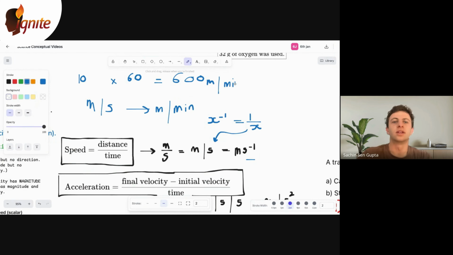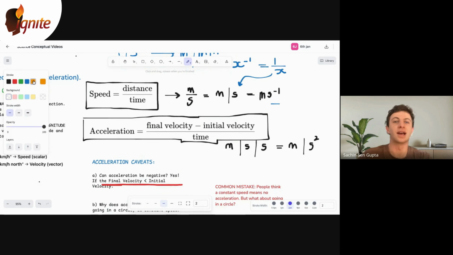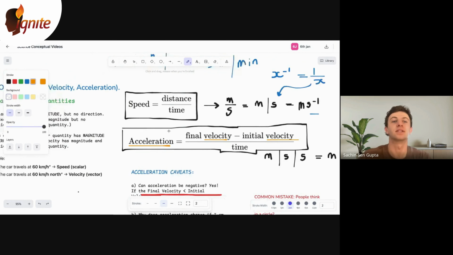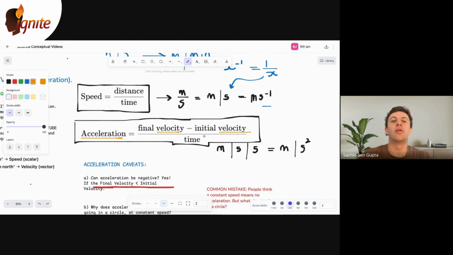All right, now remember how I said velocity is a vector quantity because it's got magnitude and direction? Because acceleration has velocity in it, what's that probably going to make acceleration? Acceleration is therefore also a vector quantity because it's got magnitude and direction, right?